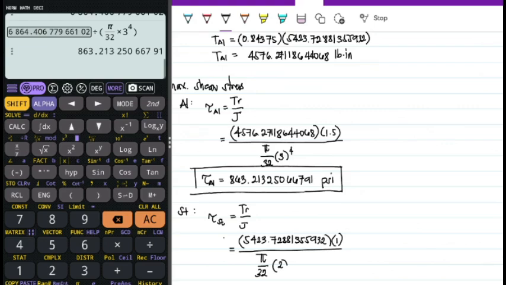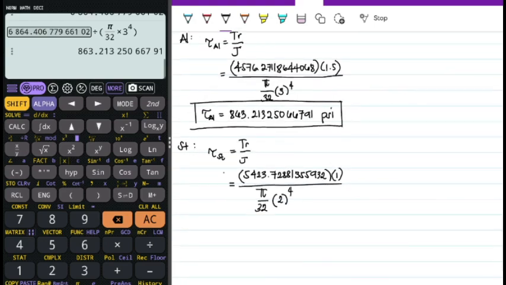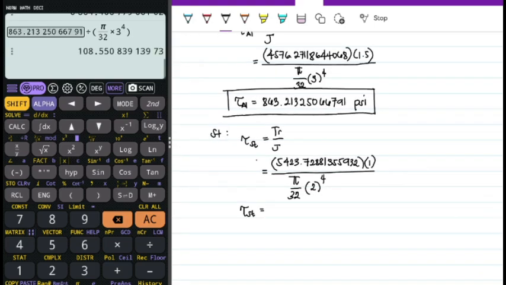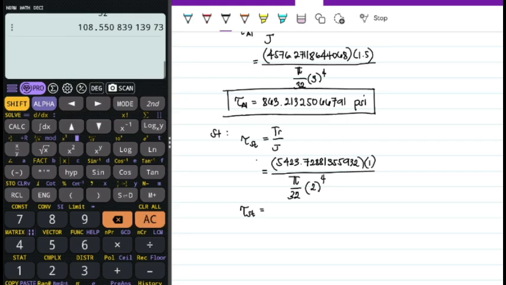Now for our steel, it just follows what we did for our aluminum. So that's TR over J. The torque in our steel is 5,423.72881355932 multiplied by the radius of 1 inch, because the diameter is 2 inches, divided by pi over 32 multiplied by the diameter raised to the fourth power.